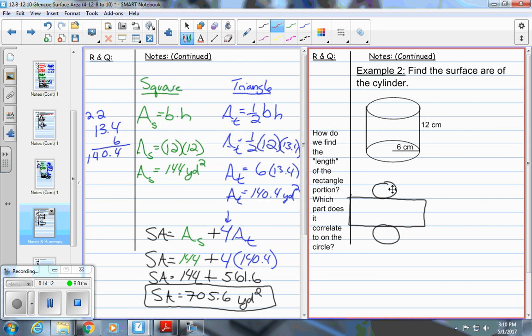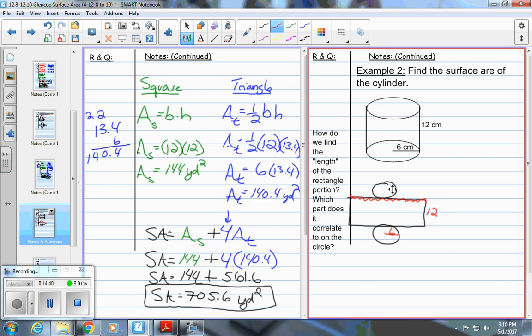Okay, so they gave us this radius is 6, and they told us this can is 12 high, but how do I find the length of this rectangle? How do I find that length? Well, this rectangle wraps around the can, and the base of this can is what shape?